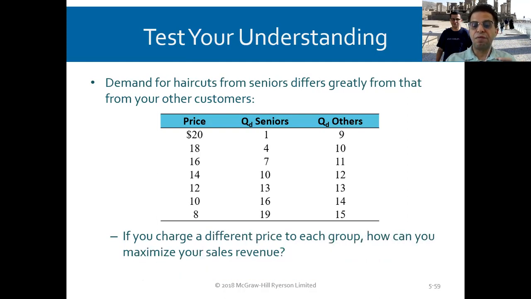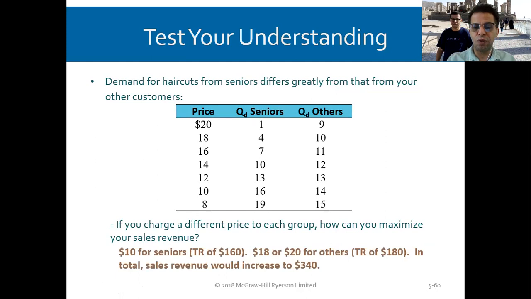But if we charge a different price to each group, how can we maximize sales revenue? Now, instead of adding 1 plus 9, we multiply the seniors' quantity by the price and the juniors' quantity by the price, and add them together. We do that for each price and select the highest number, and then we select the prices. At $10, a maximum of 16 seniors come in, which generates $160.